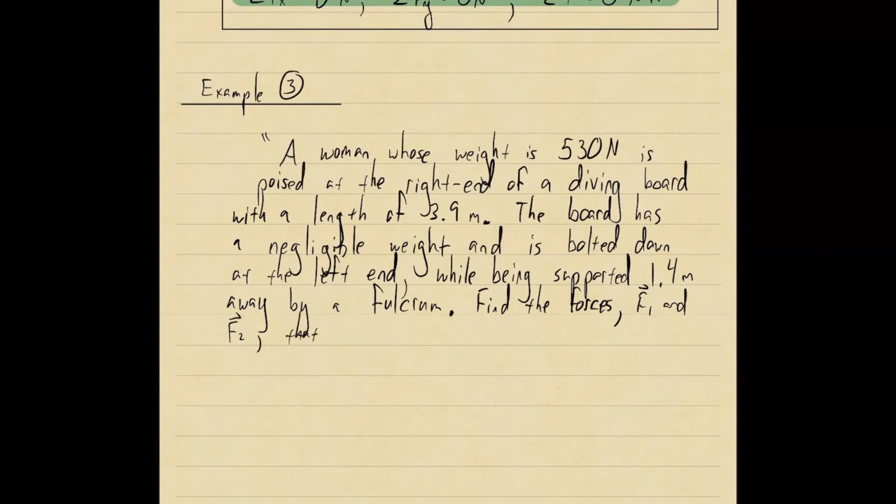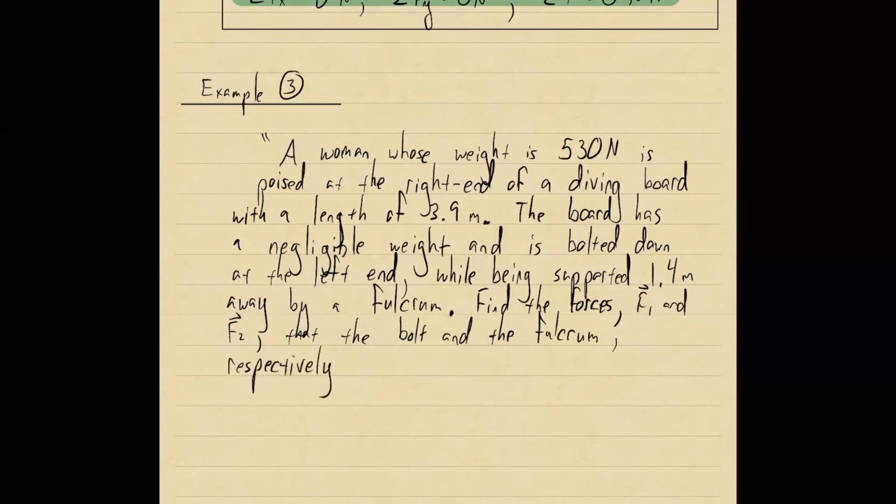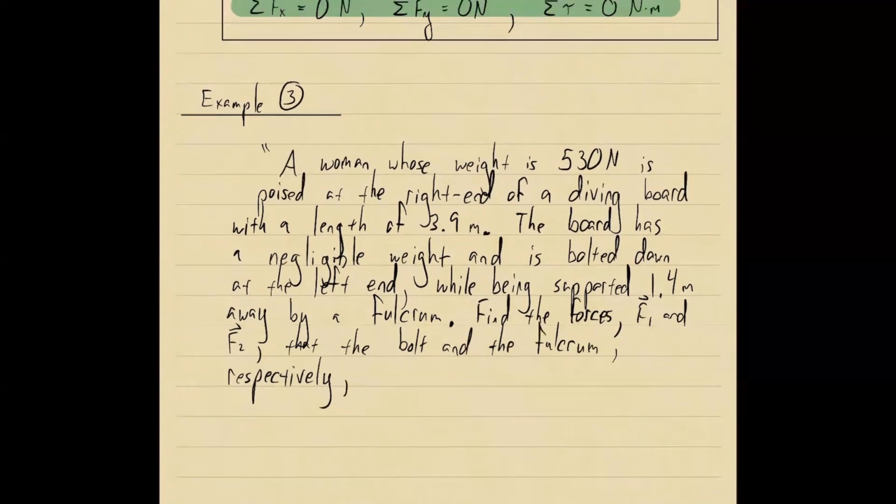So F1 is the bolt and F2 is the force exerted by the fulcrum on the board.